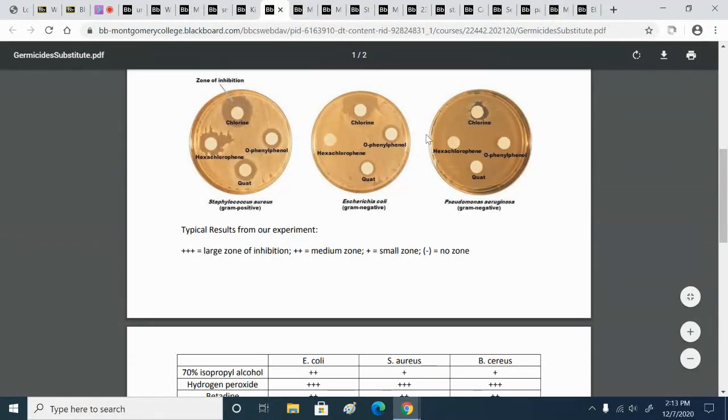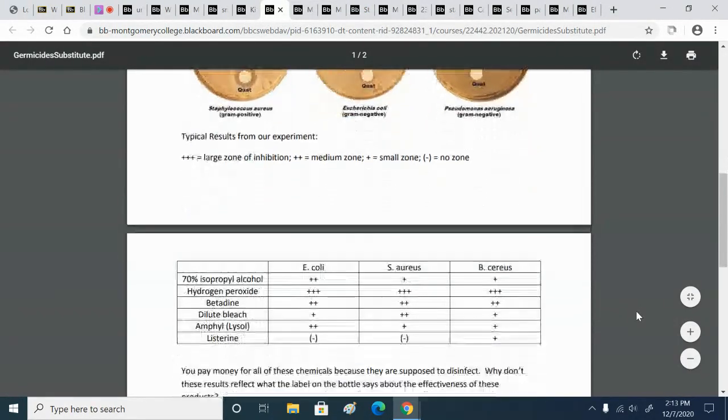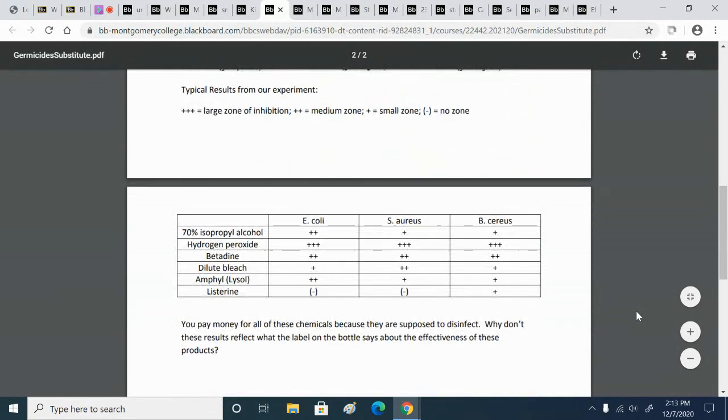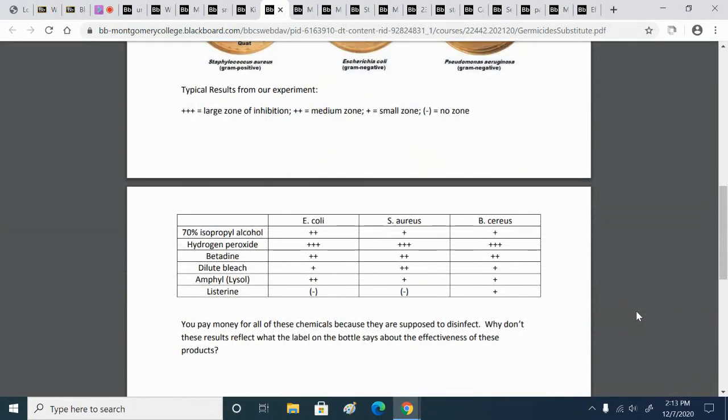These are just some examples of how it's done. It's not using all the chemicals that we used. But again, the problem is that because of the agar and the problems of neutralization, dilution, and diffusion, the chemical agents may not appear to be that effective, when in fact they are.